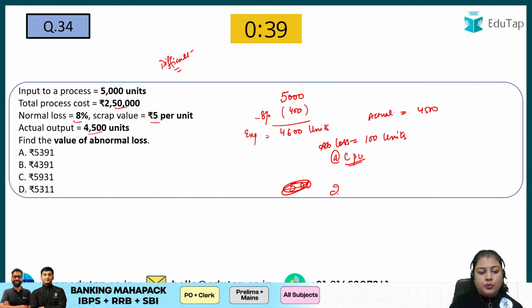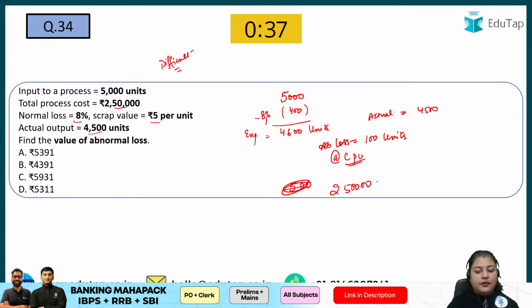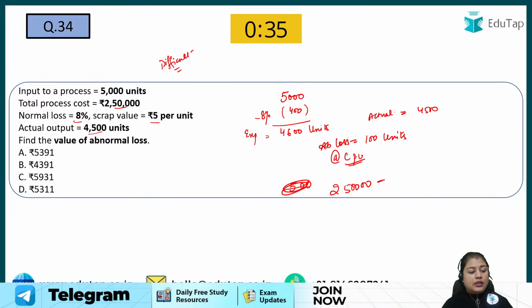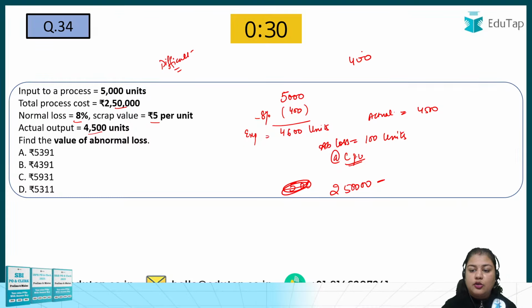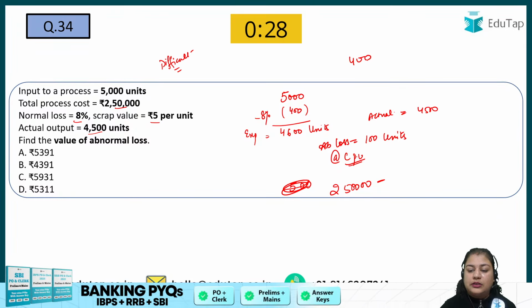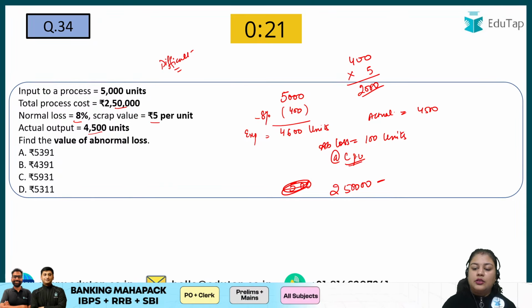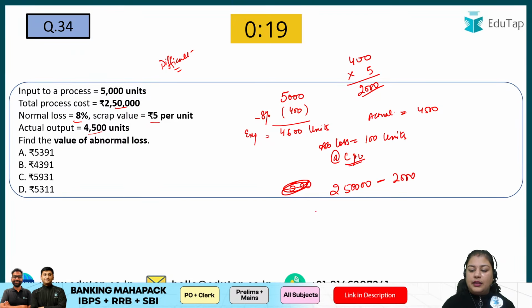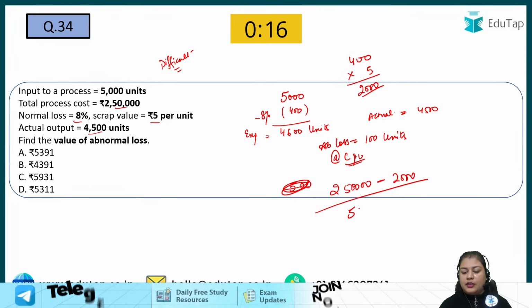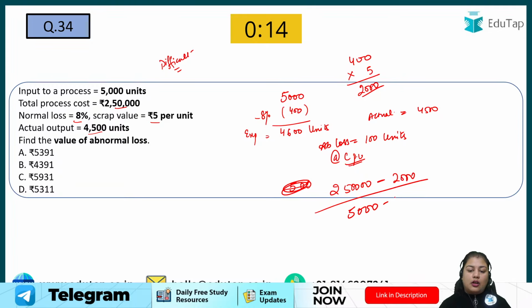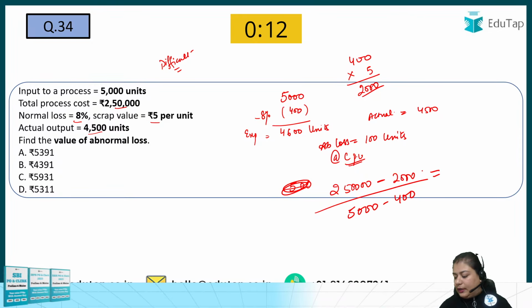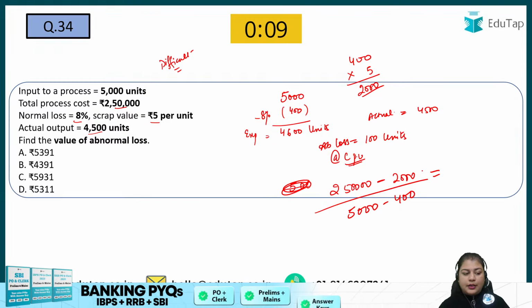So total cost is how much? 2,50,000. 2,50,000 minus what is the scrap of the normal loss, that is 400 into what is the scrap value? 5. So it will be 2,000. ये छोटी सी हमारी income हो गई तो हम इसको कम कर देंगे हमारे expenses से. 2,000 हम इसको deduct कर देंगे यहाँ से, divided by the total number of units, that is 5,000, minus the normal loss units, that is 400. Can you help me calculate this? What will be the cost per unit? It is 53.91.